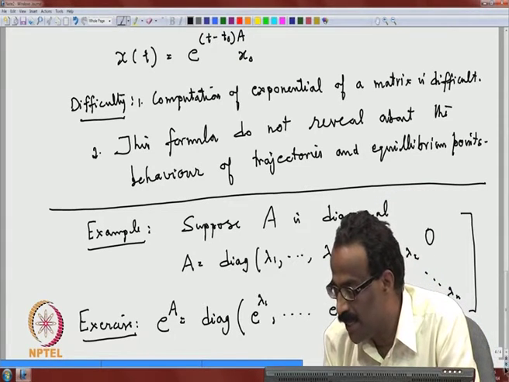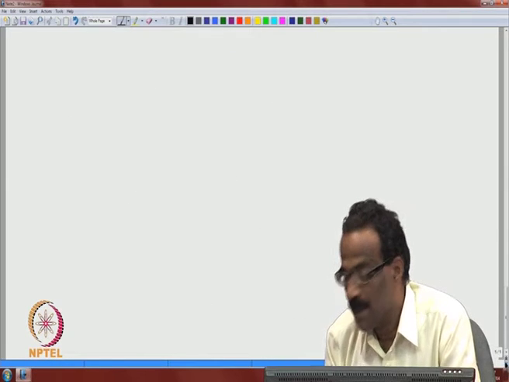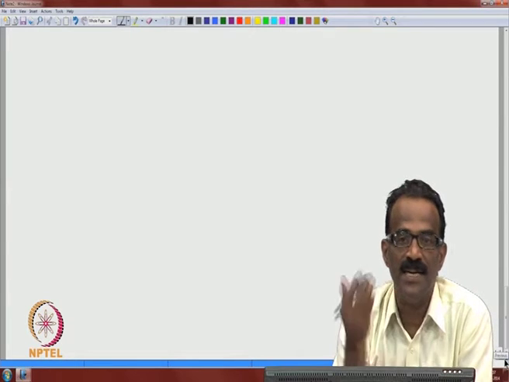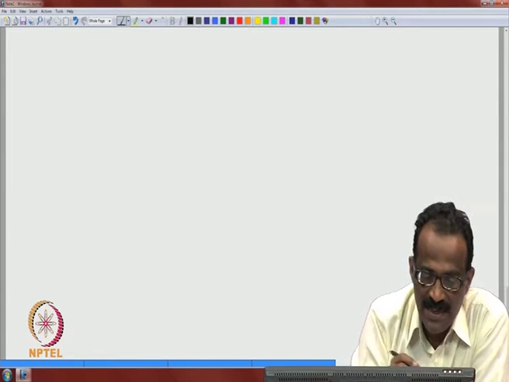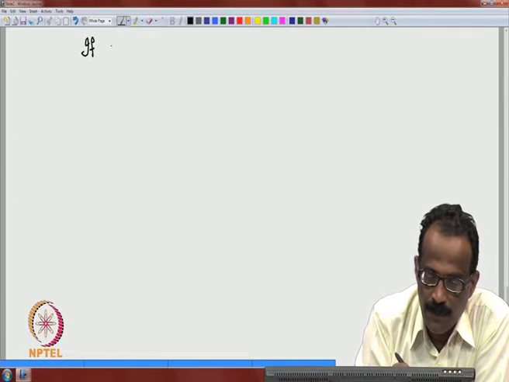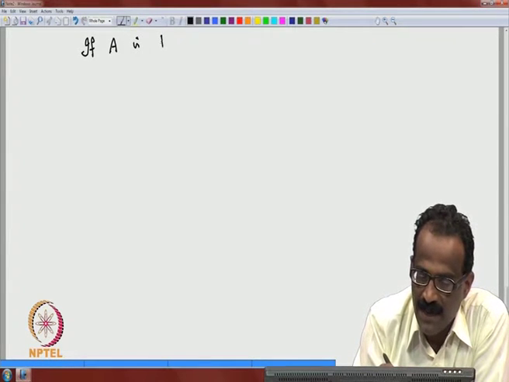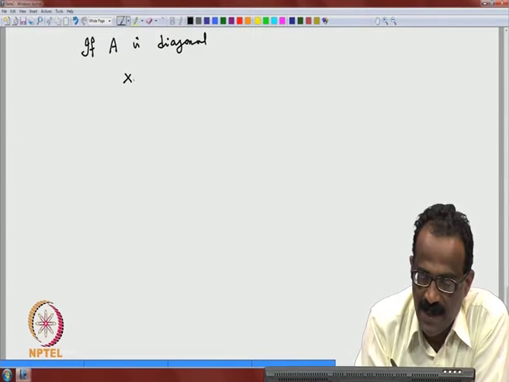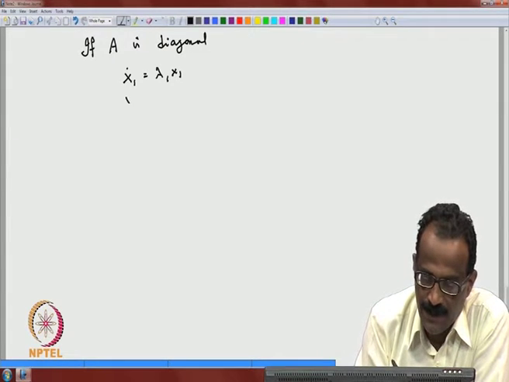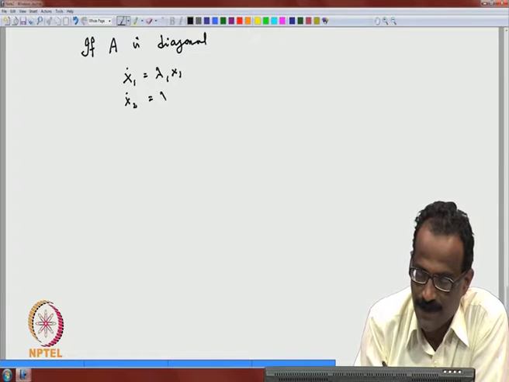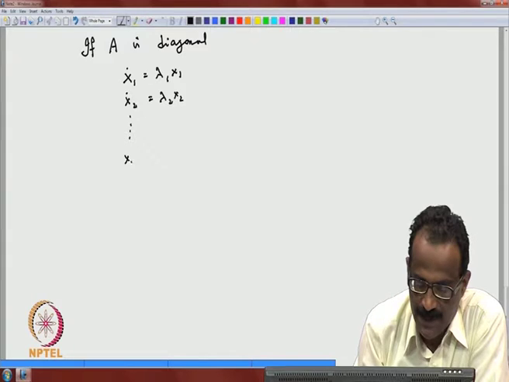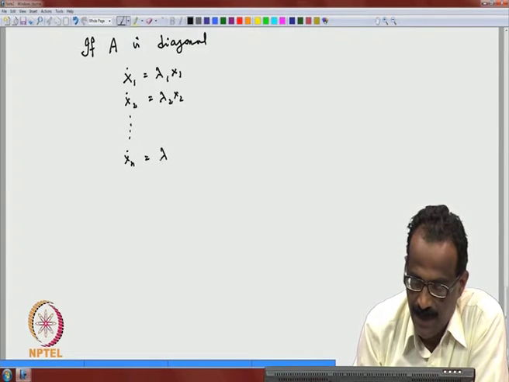But what does this mean when A is diagonal, as far as our linear system is concerned? What does that diagonal system mean to us? It just says that x1 dot is equal to lambda 1 x1, x2 dot is equal to lambda 2 x2, and if you rewrite the system, xn dot is equal to lambda n xn.